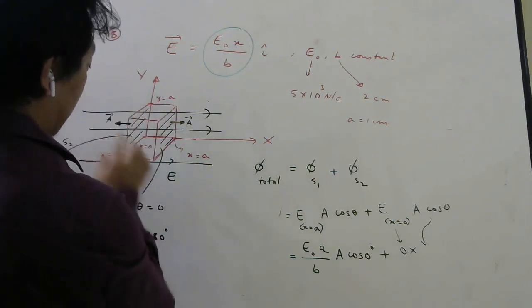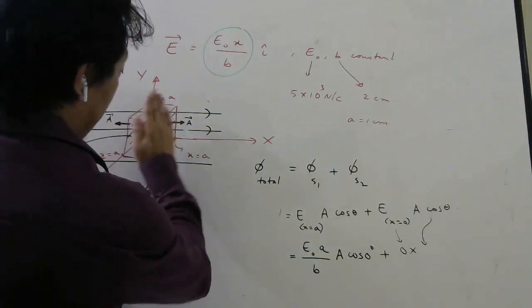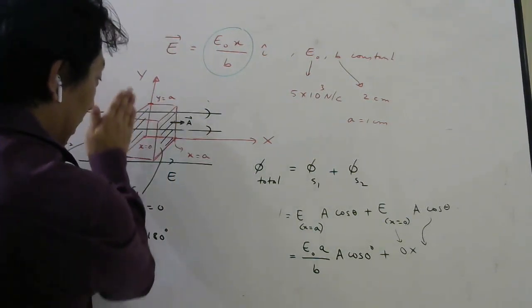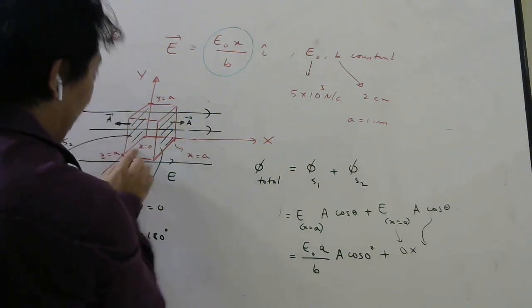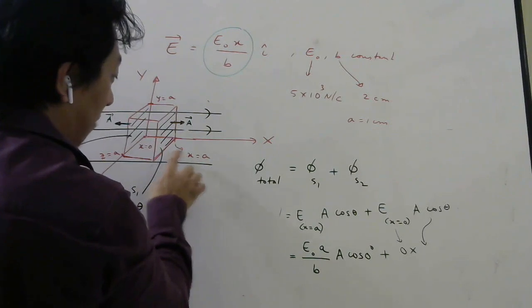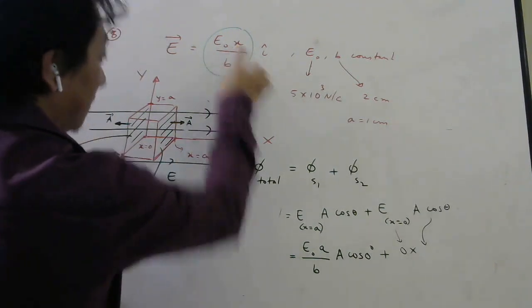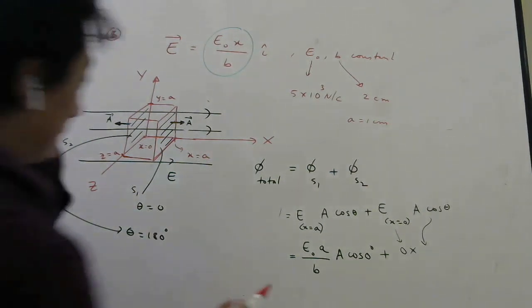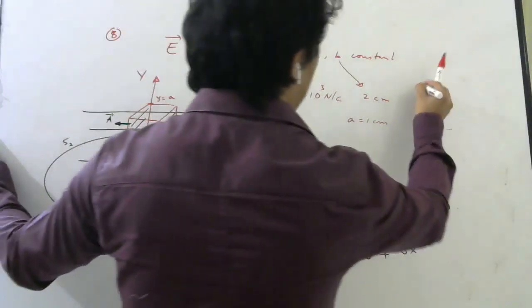This surface is at x equal to 0 and this surface is at x equals a. Meaning the electric field here you have to find by putting x equal to 0, and the electric field on this surface you have to find by putting x equals a, like I have done. So you can now calculate the numerical value of this total flux. Let me do it this side.